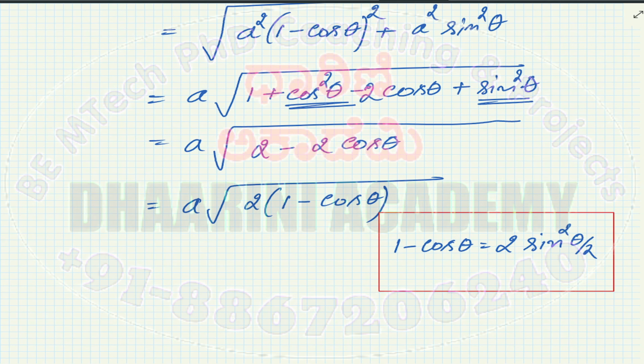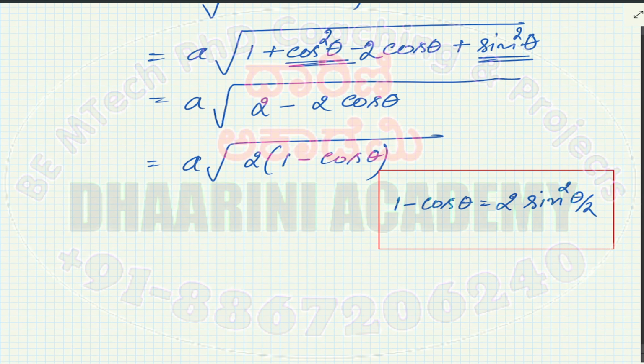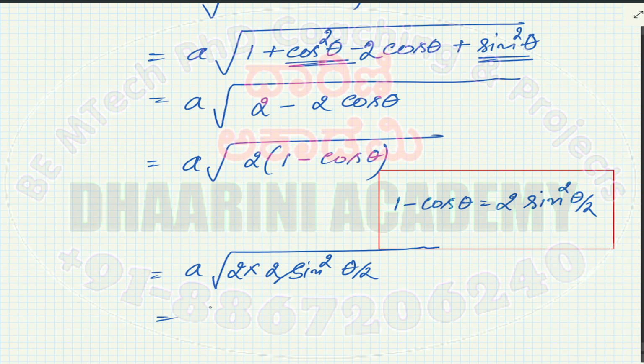Okay, all right, now simplifying this, this is equal to a into square root of, there is already a 2 present, into 1 minus cos theta is 2 times, this is sine square of theta by 2. So 2 into 2 is 4, under root of 4 becomes 2, into sine square theta is sine of theta by 2.